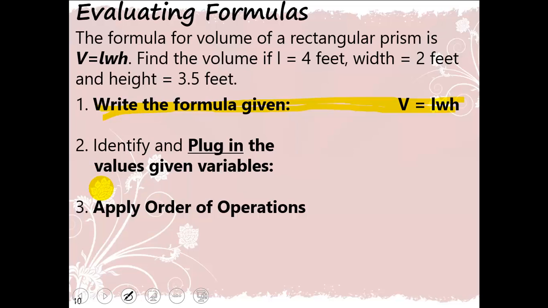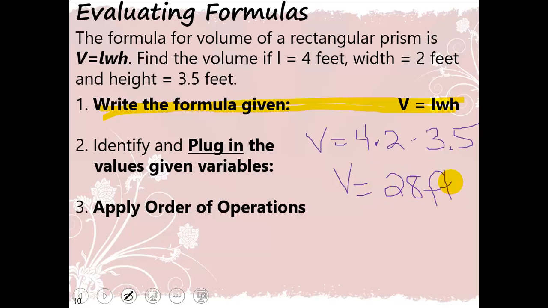They don't give us V. It says find the volume, so that's what we're looking for. If L is 4 times width, that's W, is 2, and height is 3.5. And when you multiply that together, you just get 28 feet cubed.